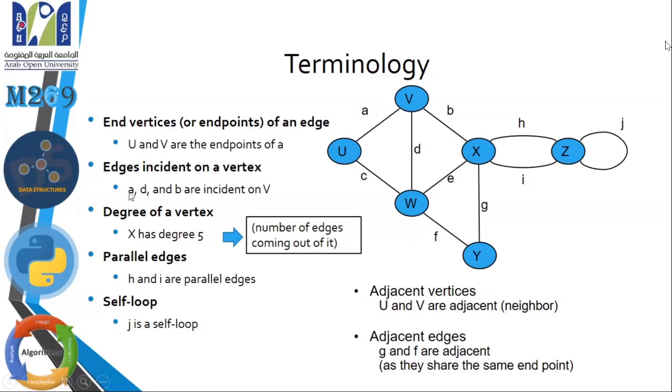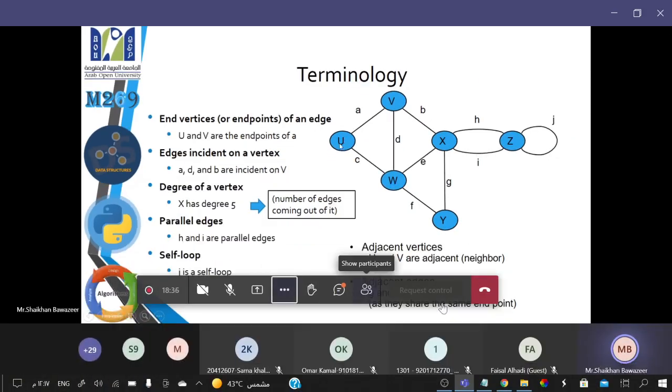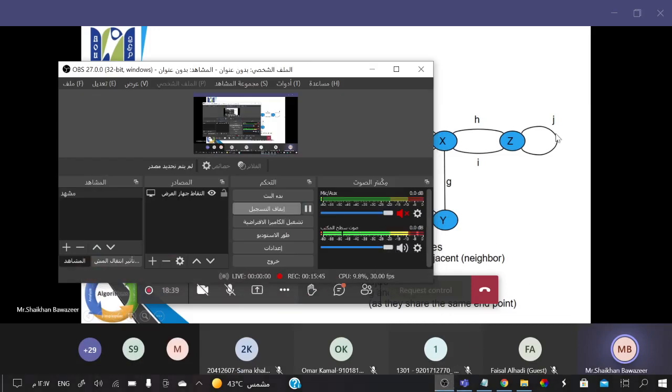For example, A, D, and B are incident on V. That is V, so at V we have A, B, D. Of course, the order doesn't matter here: we have A, B, D, or A, D, B, or B, D, A. So those are the incident edges of V. Of course, they could be shared by others. A is shared with U, since we have endpoints, so it is also shared with U. So what are the incident edges of U? A and C.